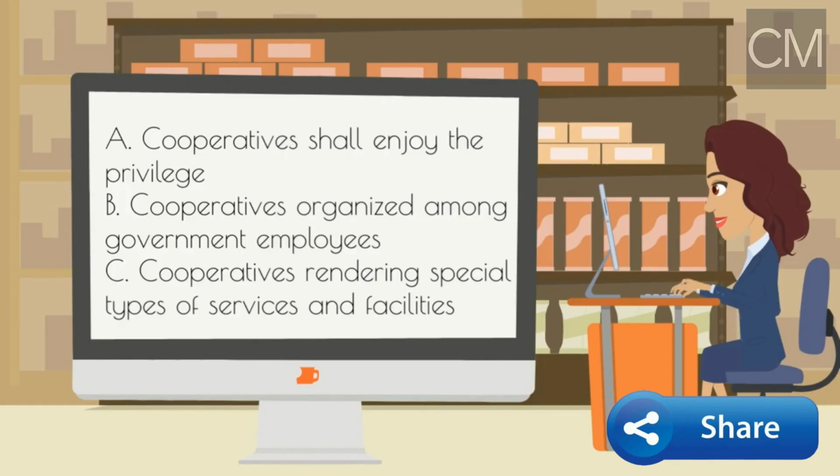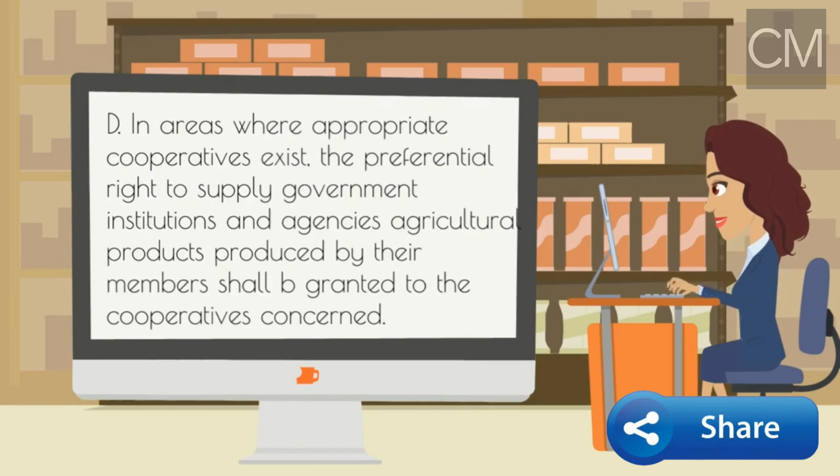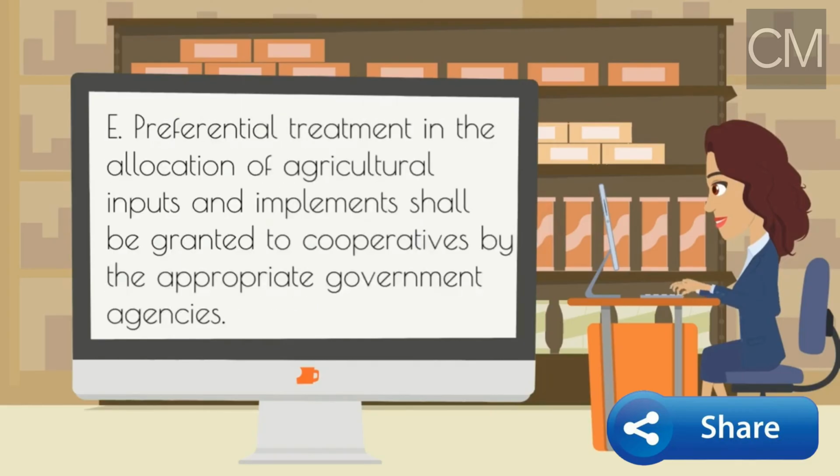Cooperatives rendering special types of services and facilities. In areas where appropriate cooperatives exist, the preferential right to supply government institutions and agencies with agricultural products produced by their members shall be granted to the cooperatives concerned. Preferential treatment in the allocation of agricultural inputs and implements shall be granted to the cooperatives by the appropriate government agencies.